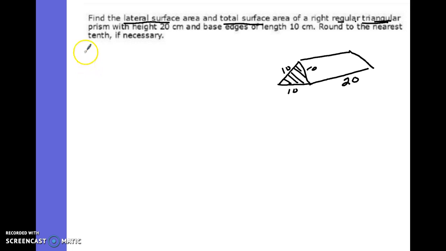So when I'm finding my lateral surface area, it's not a cylinder, it's a prism. So I need to use capital P, H. P stands for the perimeter. So if I add my sides together, I've got 10, 10, 10. So my perimeter is 10 plus 10 plus 10.